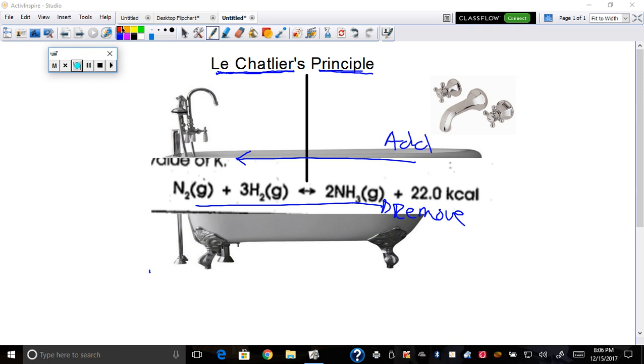On this side, if I add on this side, everything shifts that way. If I remove from this side, everything shifts that way. Okay? So it's opposite. That is Le Chatelier's principle. We're going to do a practice problem on the next segment here.